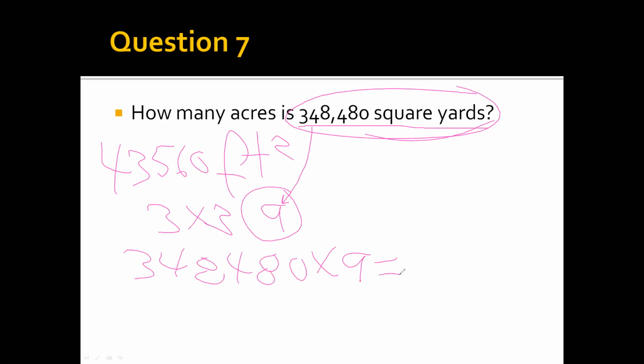So let's do that. 348,480 times 9 is going to give us a big number. It's going to give us 3,136,320 square feet. That's how many square feet we have.